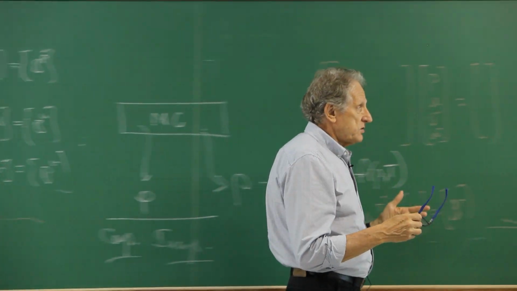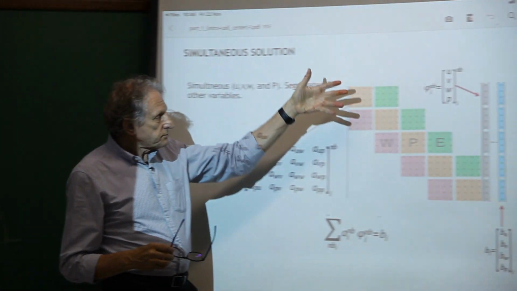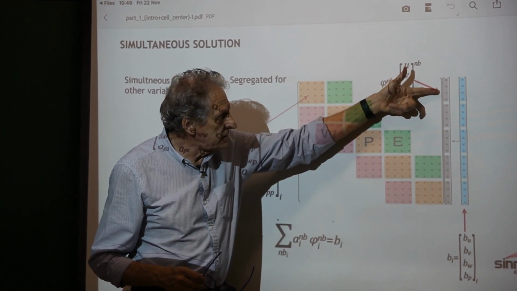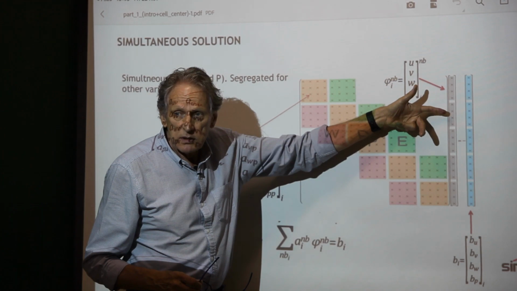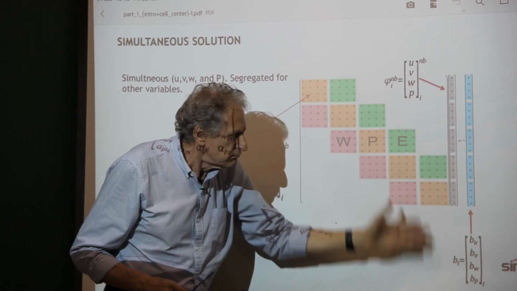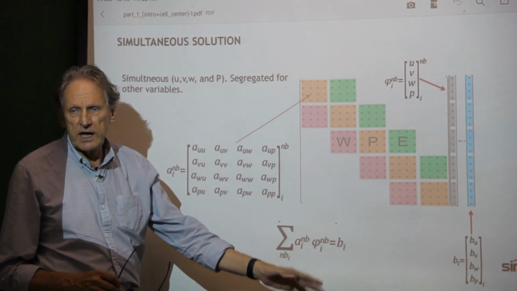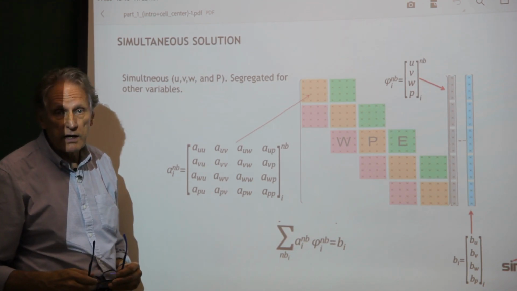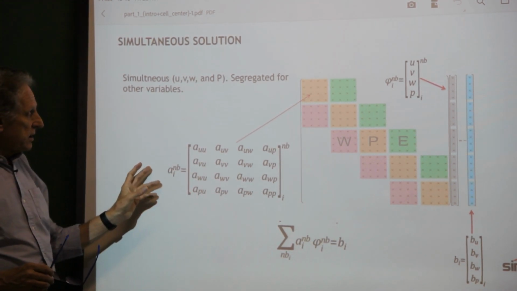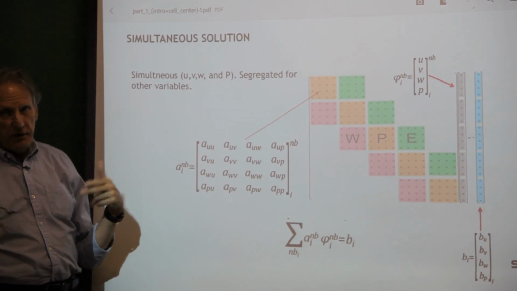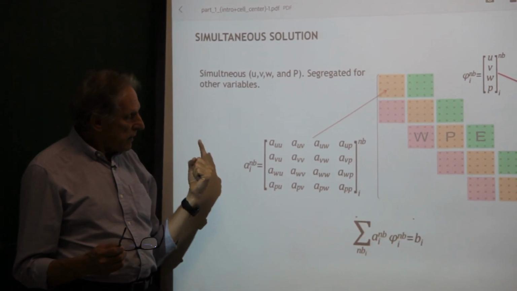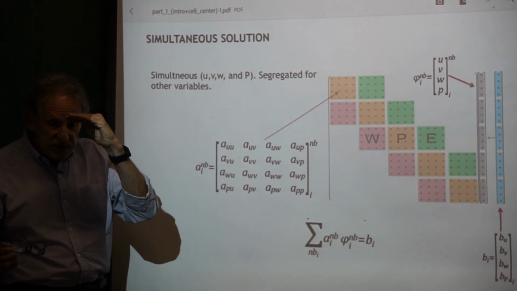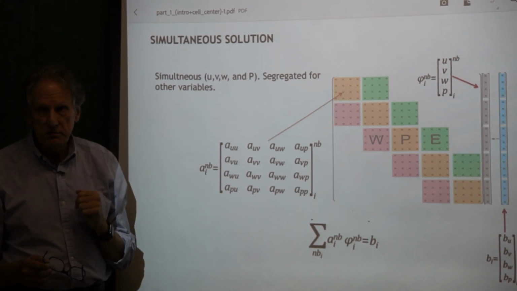You have U, V, W, and P there: U1, V1, W1, P1, U2, V2, W2, P2, until Un, Vn, Wn, Pn, n being the number of control volumes that we have. Then you have a matrix. If it's coupled, you would like to have all your unknowns present in all equations.